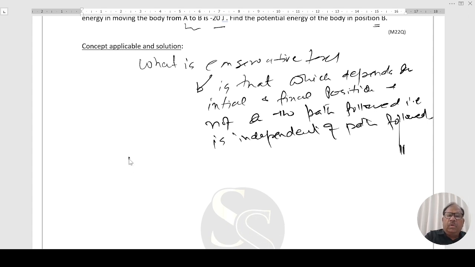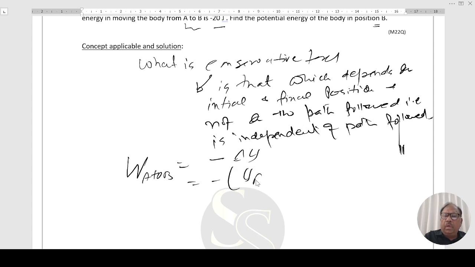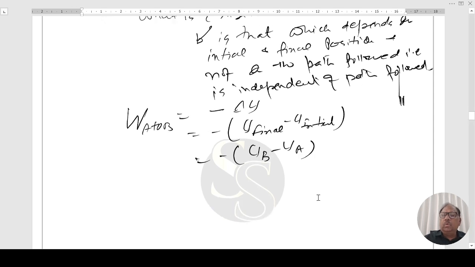Now, work done from A to B equals minus delta U, that is minus (U final minus U initial), that is minus (UB minus UA). Therefore, we have to find UB.